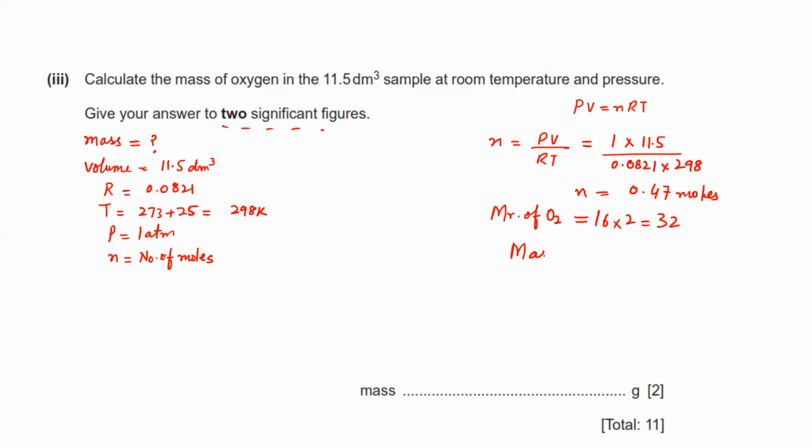So mass is 32 multiplied by 0.47, and that comes out to be 15.04 grams approximately. For two significant figures, it becomes 15 grams. This is important. So my answer will be 15 grams.